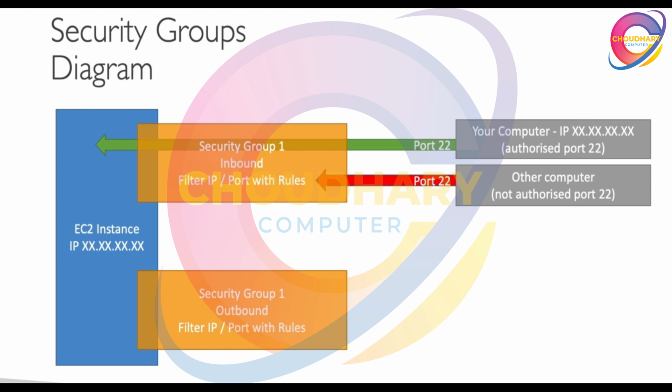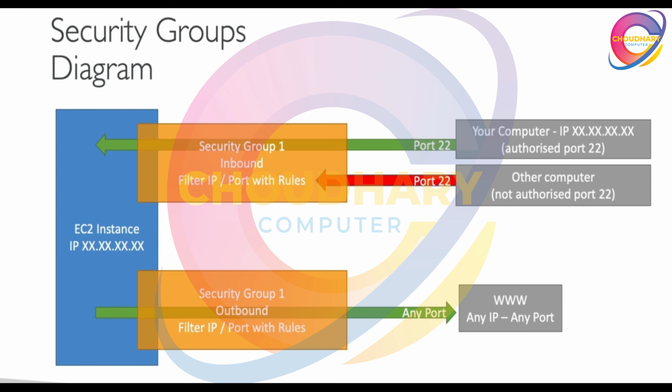Then for the outbound rules, by default, our EC2 instance for any security group is going to allow any traffic out of it. So if our EC2 instance tries to access a website and initiate a connection, it is going to be allowed by the security group. So this is the basics of how a firewall works.